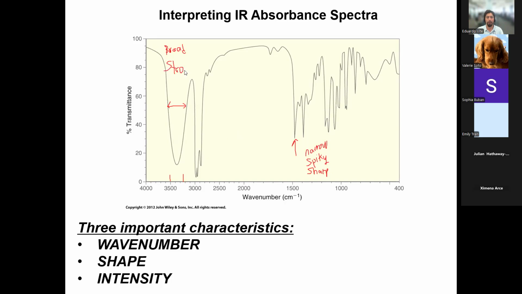This is a strong, broad peak between 3,300 and 3,500 wave numbers. This is a narrow, spiky, sharp, maybe not as strong. We can call that medium. Narrow, spiky, sharp, medium peak at about 1,500.